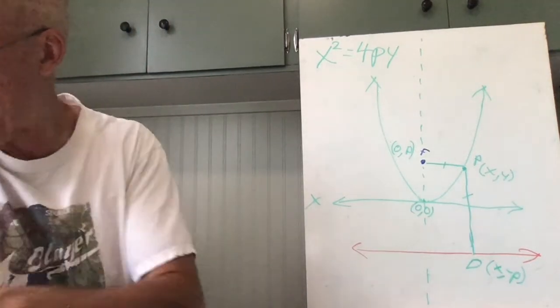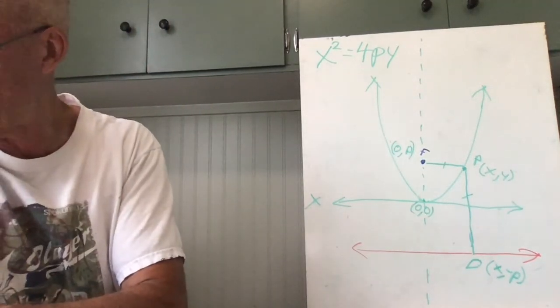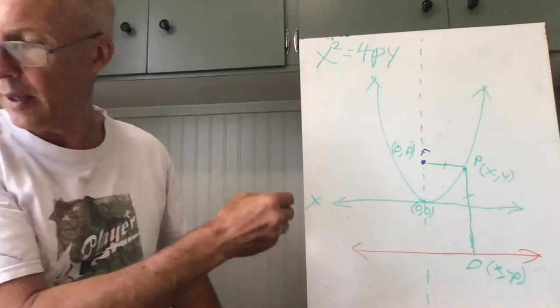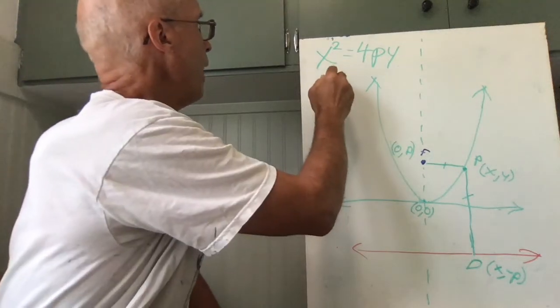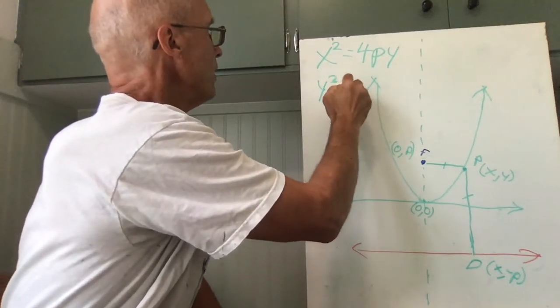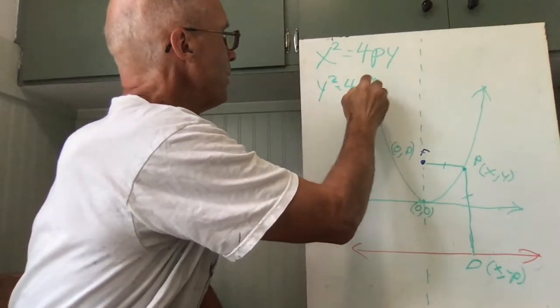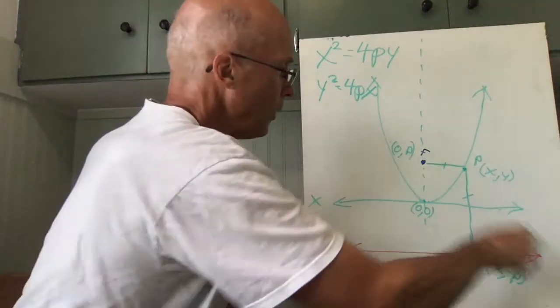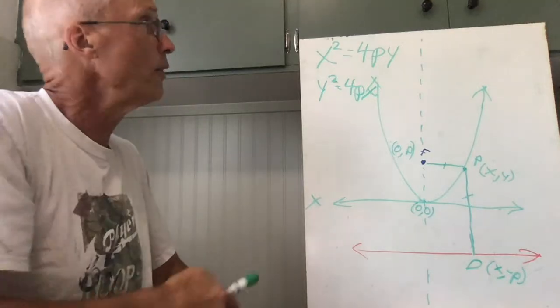But this is just a little more sophisticated now. Furthermore, if you have a parabola opening to the side, then it's going to be y squared equals 4px. That would be a parabola opening sideways, one of the two. Okay?